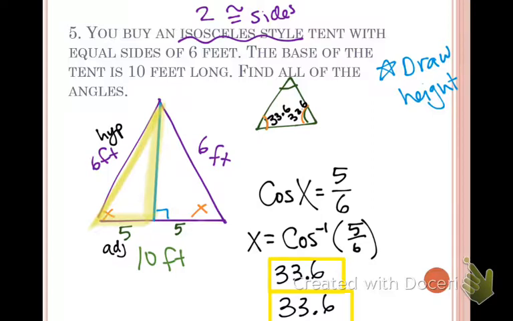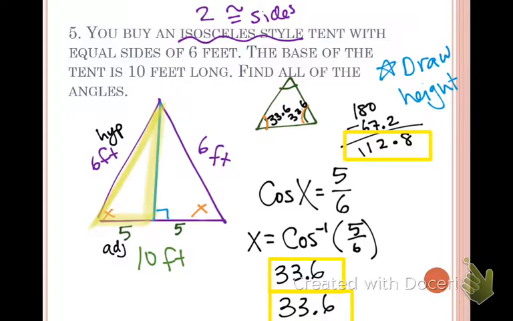Add them and subtract from 180. 33.6 and 33.6 are 67.2. Perfect. 112.8. Did you hit the shift button? What you got? So we added these and then subtracted from 180.